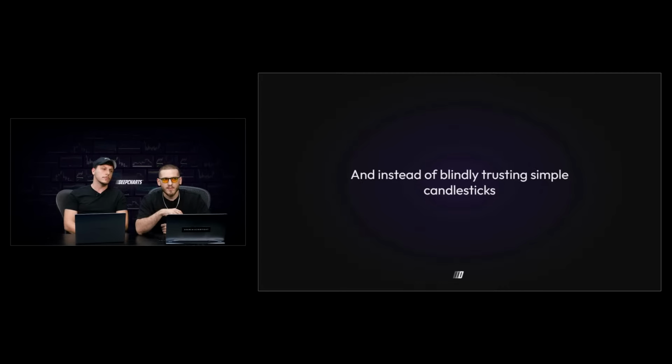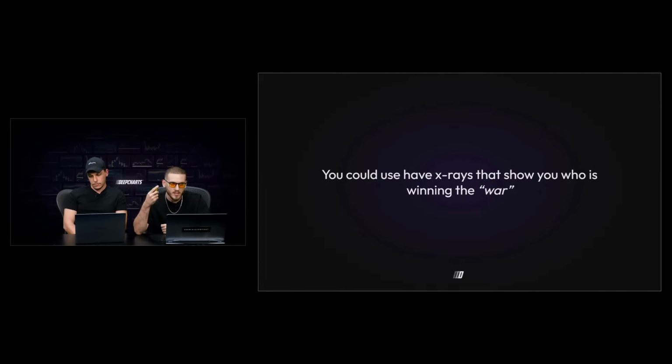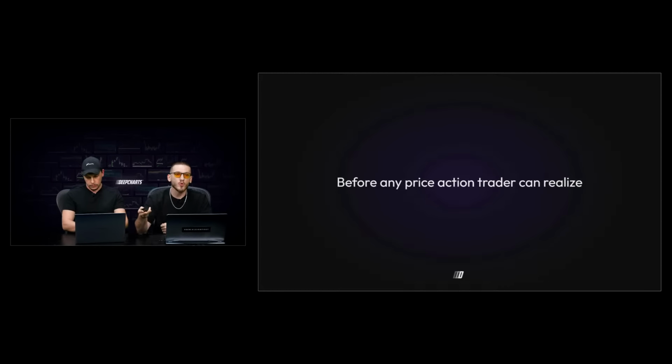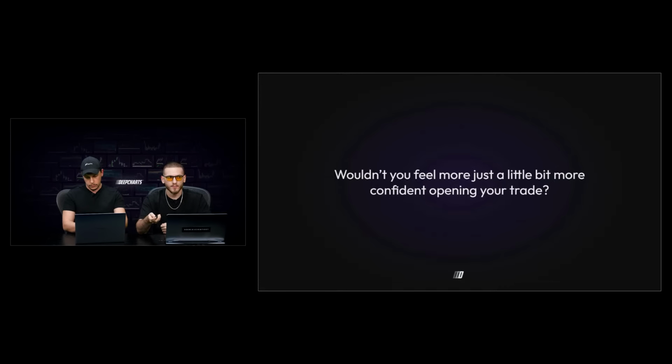Imagine that instead of simply blindly trusting simple candlesticks and guessing whether buyers or sellers are in control, because sometimes the opposite of what the price is saying can happen, you could have these sort of x-rays that show you who is winning the war with such a degree of accuracy and realism. This is just real stuff, real orders entering the markets, and you see it before any price action trader can realize.